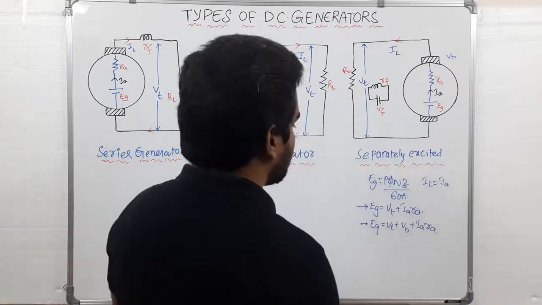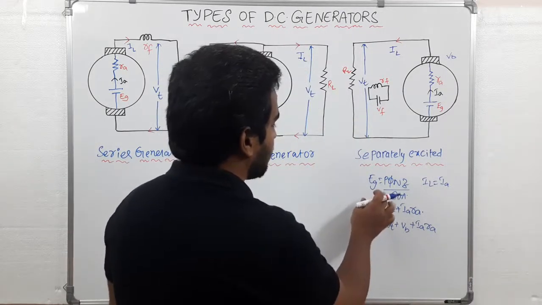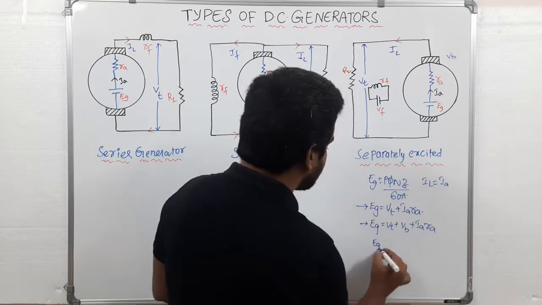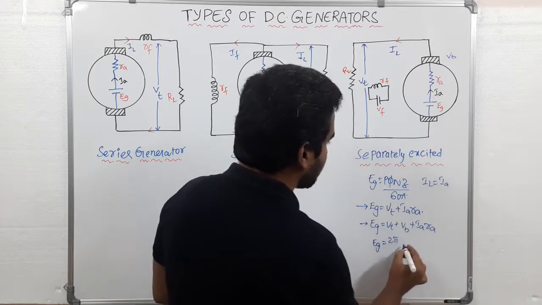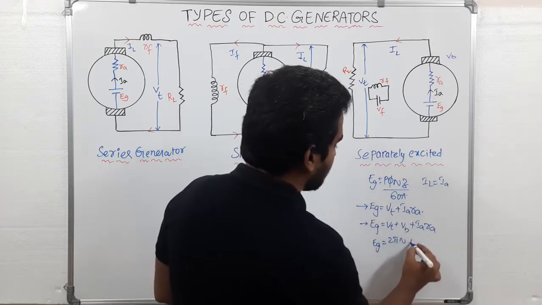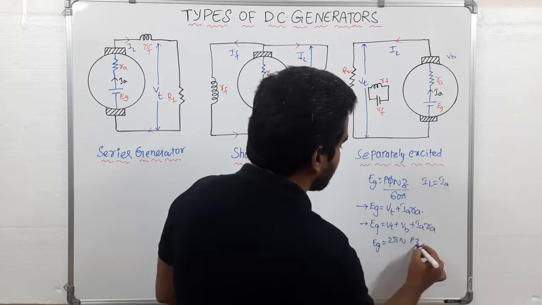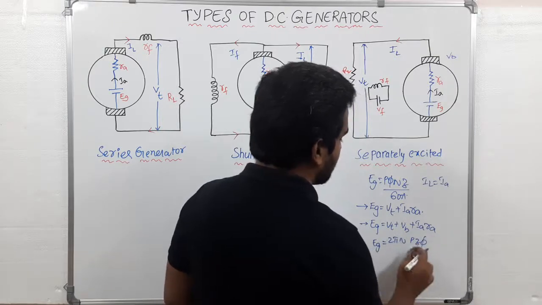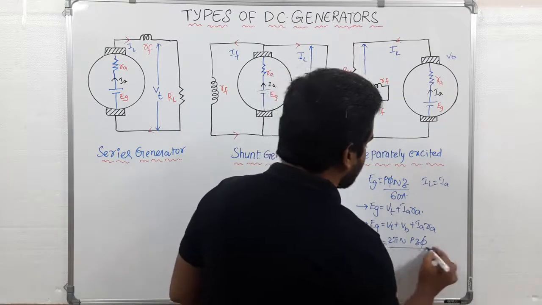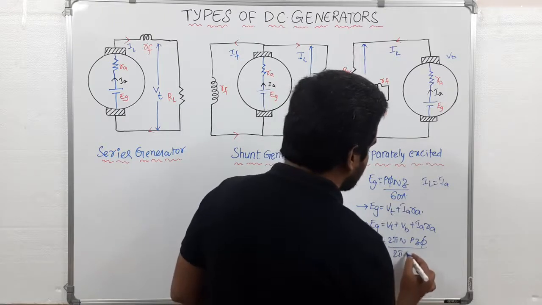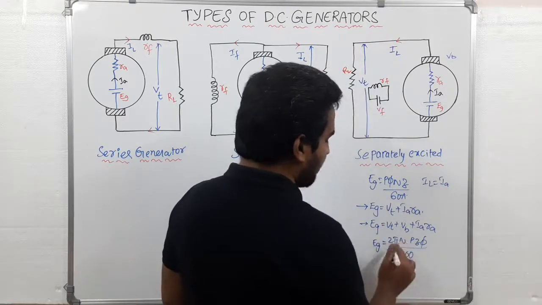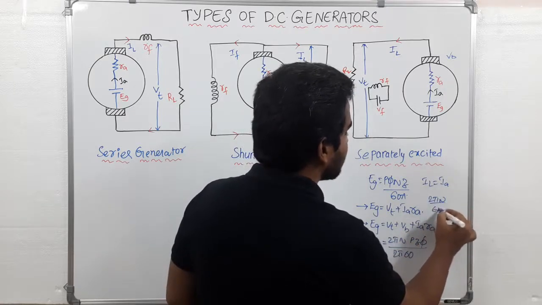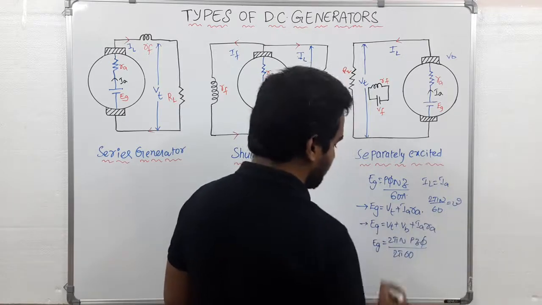Suppose let me multiply with 2 pi both numerator and denominator. Eg will become Eg equal to 2 pi N P phi Z by 2 pi into 60. 2 pi N by 60, what is that? 2 pi N by 60 is nothing but angular velocity omega.